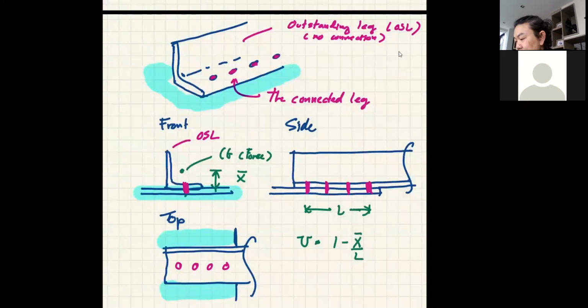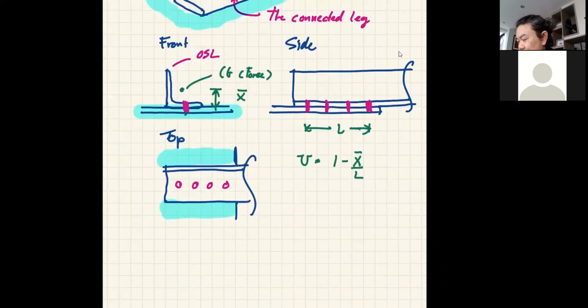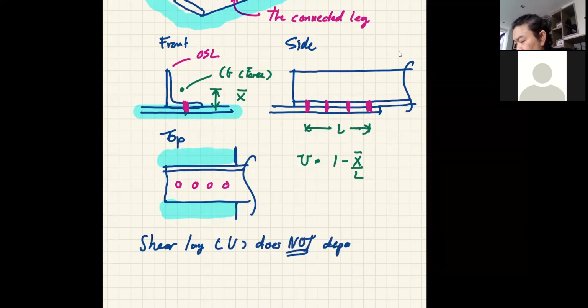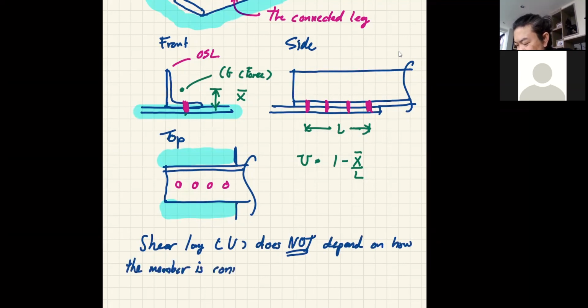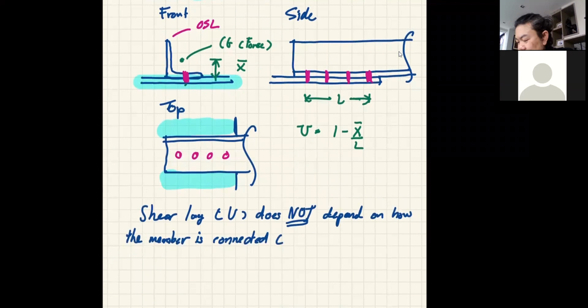So let me say right here that shear lag, or this U factor, does not depend on how the member is connected. I mean, it doesn't matter if you use bolts or weld.